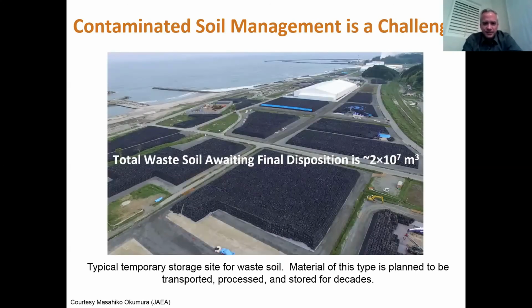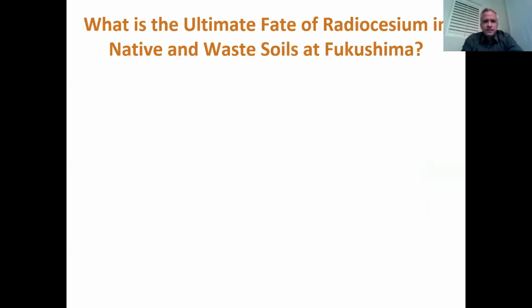The scale of the accumulated waste soil is massive, and deciding what to do with it, how to process or permanently store it, and possibly reuse some of the material is what they're dealing with today. So one of the questions they're really interested in is what is the ultimate fate of the cesium in these soils?